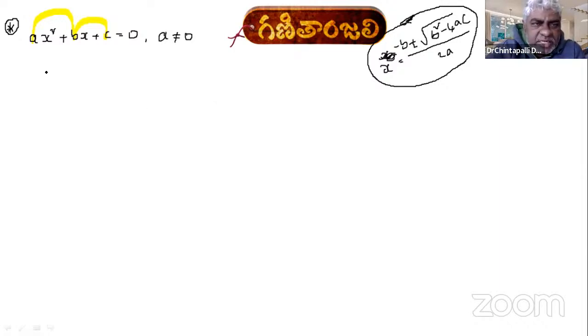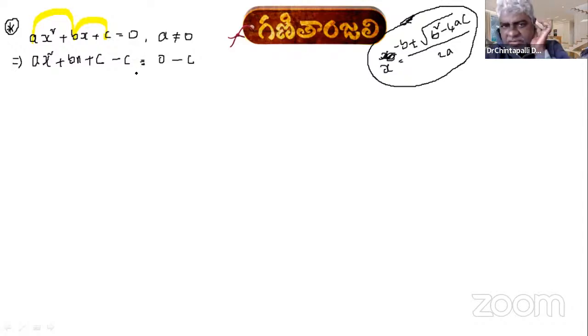First, add minus c on both sides. Let us use that concept as I told previously. We are adding minus c on both sides. Let us see what happens. ax square plus bx plus c minus c is equal to 0 minus c.